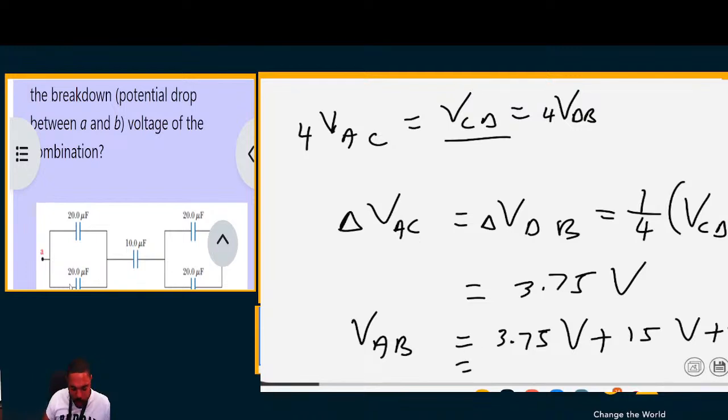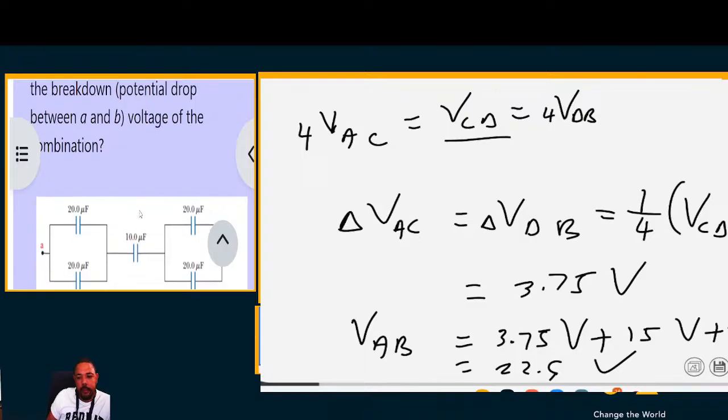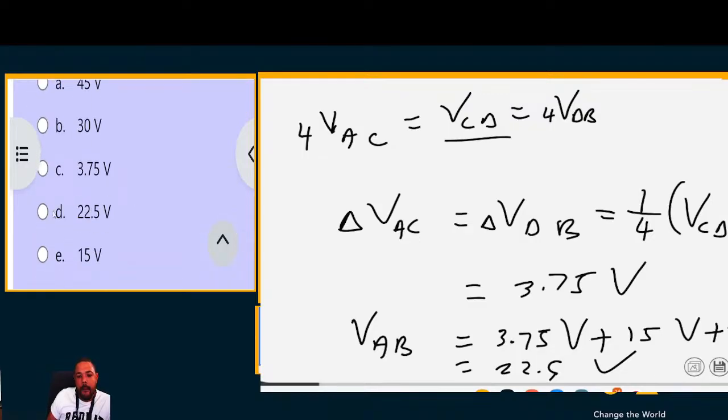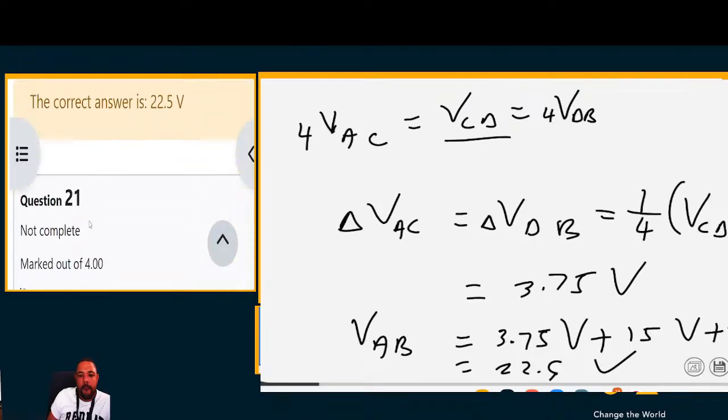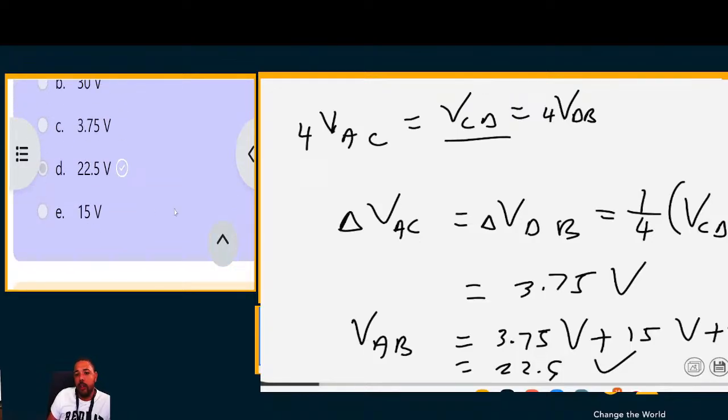And that's 22.5 volts. And there you have it, ladies and gentlemen, 22.5. Let's check. Correct answer is 22.5. And that's all that we're going to do today. Have a great time studying and all the best.